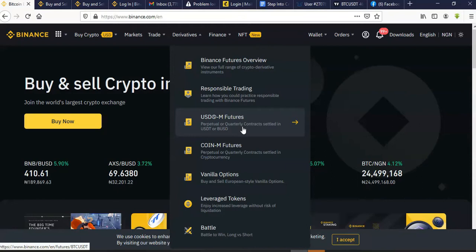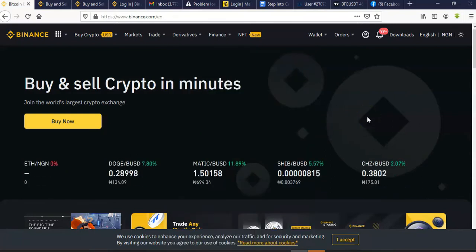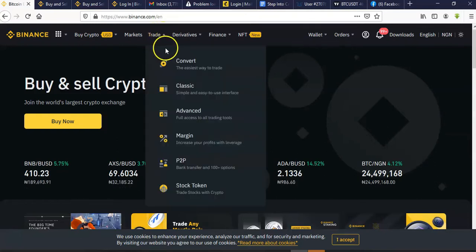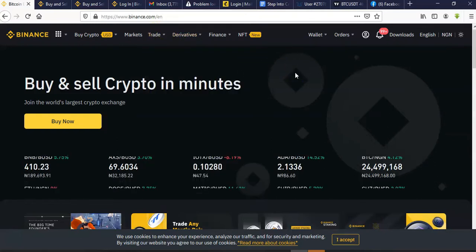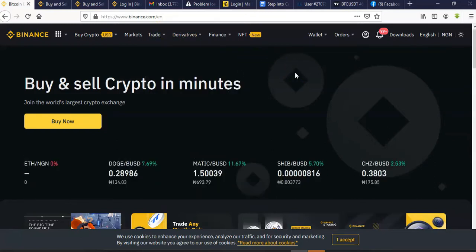Okay, so there are basically two types of futures trading. We have the quarterly contract and we have the perpetual contract. The quarterly contract is the type where you have a specific date when the contract will expire, whereas the perpetual contract is a contract that doesn't have an expiring date.